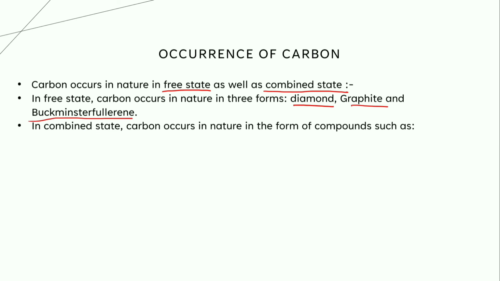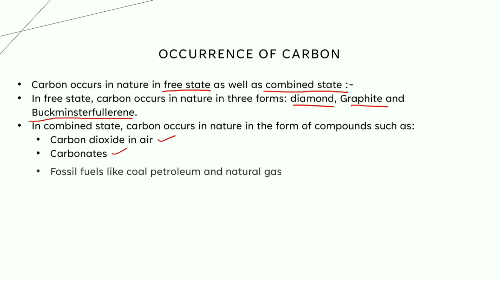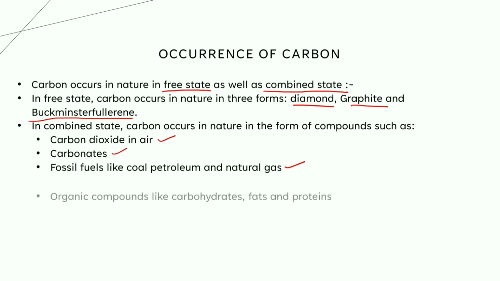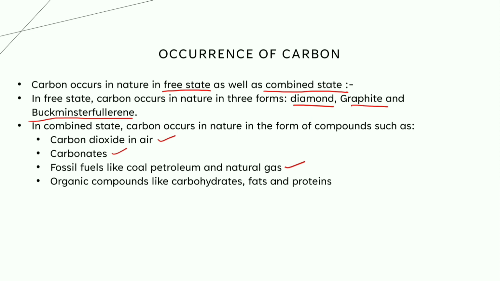In combined state, carbon occurs in nature in the form of compounds such as carbon dioxide in air, carbonates, fossil fuels like coal, petroleum, and natural gas, organic compounds like carbohydrates, fats, and proteins, wood, cotton, and wool, etc.